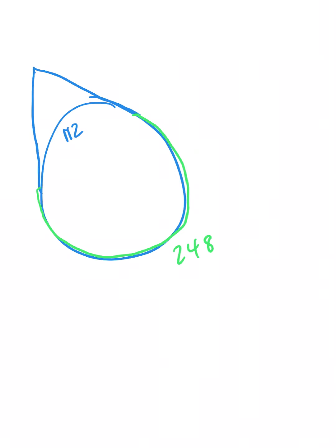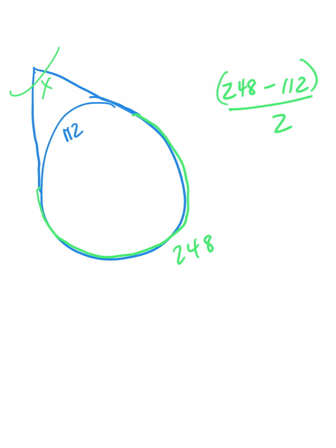So now we can find the angle on number 3, because it would be the big guy minus the small guy divided by 2, and you can put that in your calculator. When you're putting that in the calculator, either hit enter before you divide by 2 or put parentheses around it, but do not key it in without parentheses all at once. You're going to get all of them wrong, okay? The way I do it is I put 248 minus 112, hit enter, and then divide that by 2.